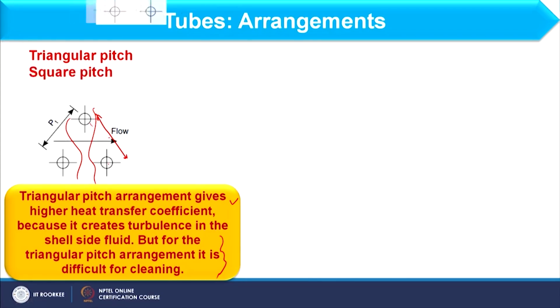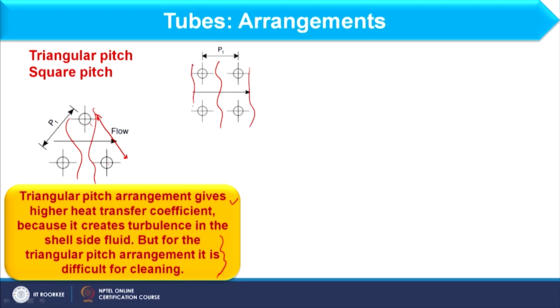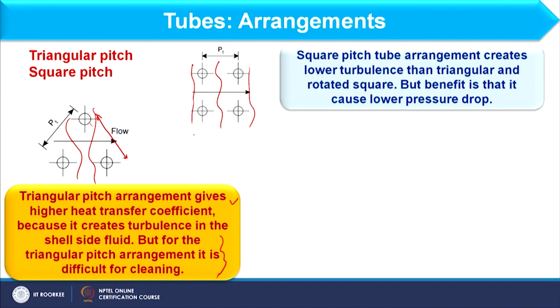Okay. So, the next pitch we have is the square pitch, and in this square pitch you can find that the flow is very smooth. So, because of that turbulence will not be created, and therefore, it will have lesser heat transfer coefficient. However, the benefit is it has low pressure drop as well. Okay.